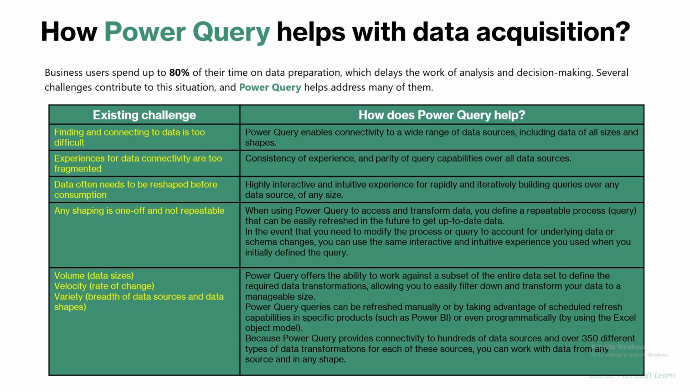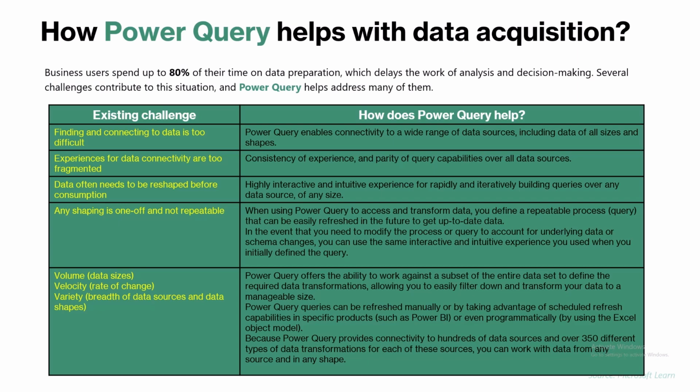If data keeps coming in every hour, thousands or millions of rows, and you want your report to keep changing, or you want Power Query to keep updating those data as they come, these are things Power Query helps with. Even if you have a large amount of data, Power Query can handle it for you.